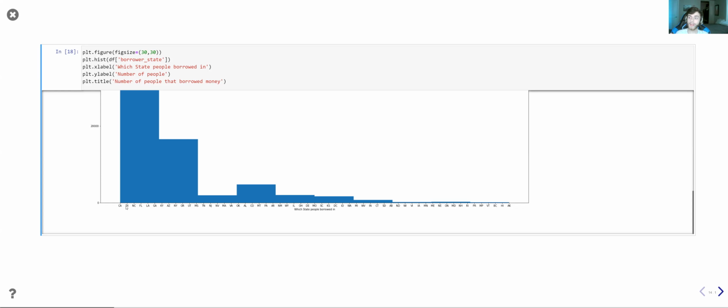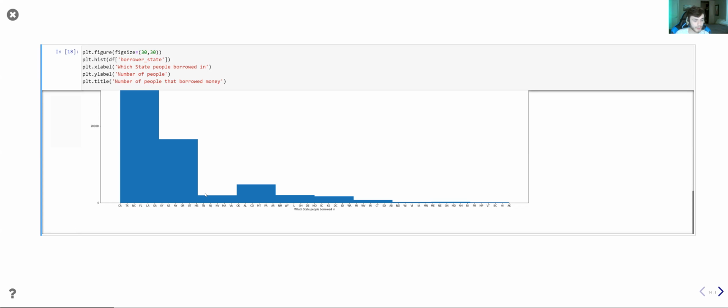But we can get some value out of the data from that, in that California is not in the top 5 for cancellations. However, they're top for the number of people that are getting loans. And so you can see that people from California are less likely to cancel on their loan.